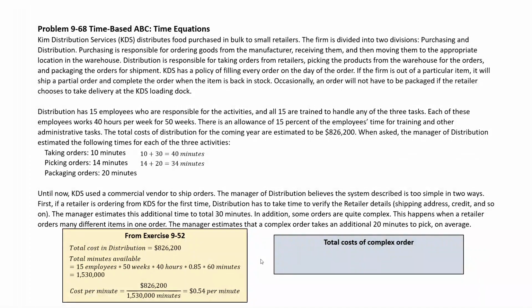It's the first time with the customer and they order a lot of stuff. So my cost for that complex order would be 40 minutes total for taking orders, plus 34 minutes total for picking orders, plus, since it didn't affect packaging, 20 minutes for packaging, times 54 cents per minute, and that drives up the cost. Our original calculation for typical, if I go back to part B, is $23.76. Now we're bumping it up to $50.76 for a more complex order.